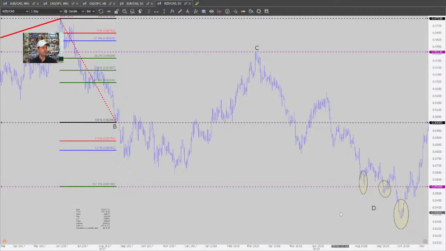We found the C. Now we need to find the D. Everybody, which one is the D? The second, exactly. The D must be a low, everybody. The first circle, the market didn't hit the green.